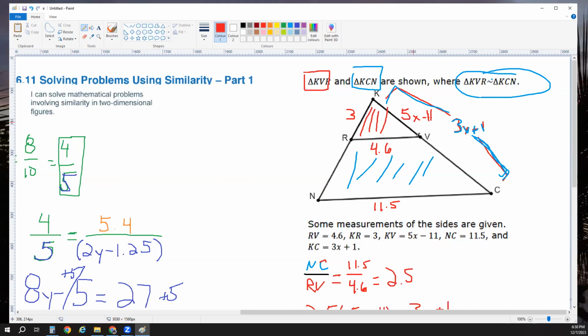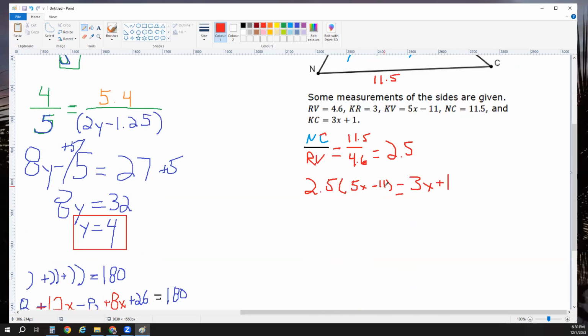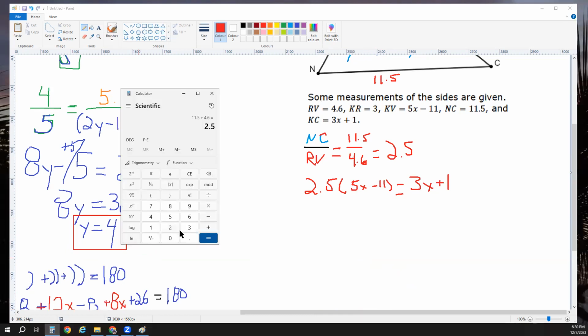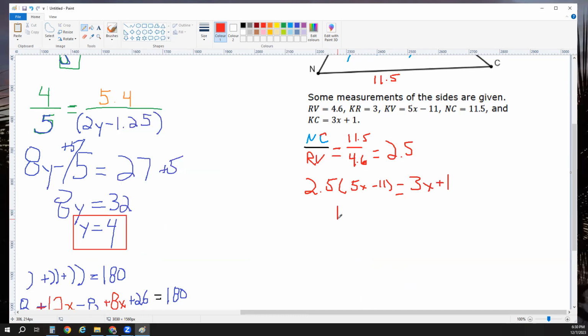All right, and then I will just solve for x here. I'll distribute 2.5 into that. 2.5 times 5 equals 12.5 minus 11 equals 1.5.